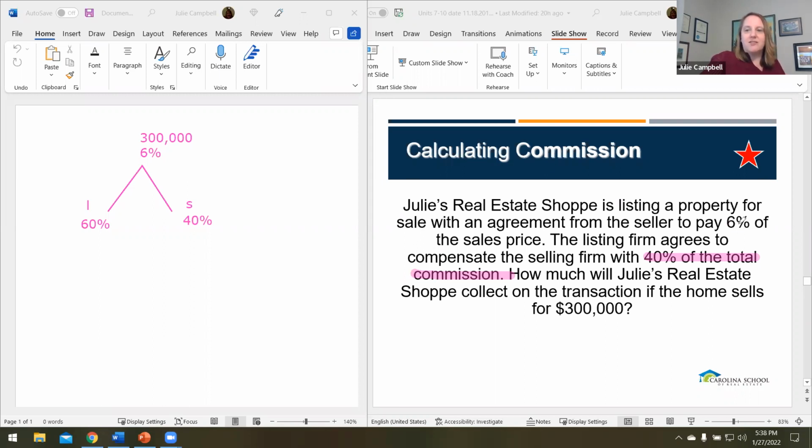So now I go back to the problem. What's the commission? 6% of the sales price. So to find the commission, I can use my TBAR. I know the sales price is $300,000. I know the commission is 6%.